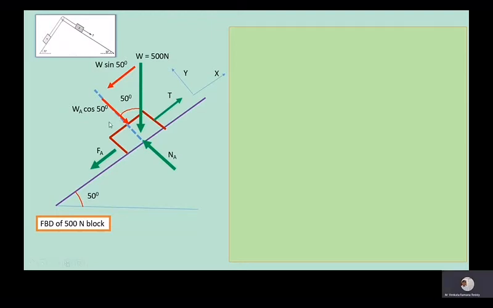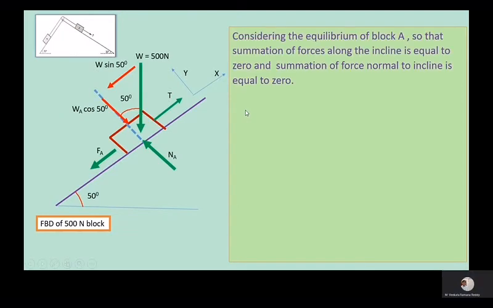Now we'll consider the equilibrium of this block, that is summation of forces along the incline is equal to 0 and summation of forces normal to incline is equal to 0. First we'll consider the summation of the forces normal to incline. What are the forces normal to incline?